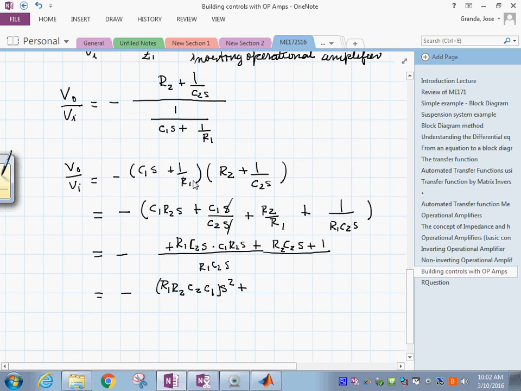So we have one more in here, that this divided by this is R1 times this times C sub 1. Now we are fine. And so having done this, we have C sub 1 times R1 plus C sub 2 R sub 2, and you see this factor is S, and then plus 1. You see now it has taken the shape of the numerator and the denominator as we would like.